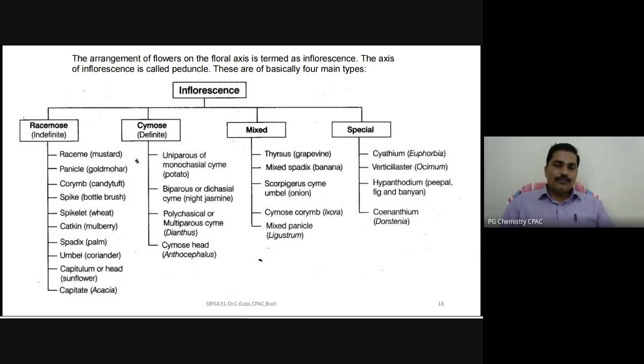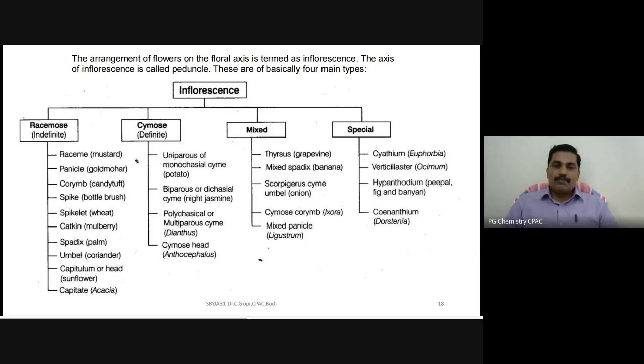So there are four different types. One is racemose, two is cymose, three is mixed, and four is special. Under racemose, there are many types: raceme, panicle, corymb, spike, spikelet, catkin, spadix, umbel, capitulum, and capitate.